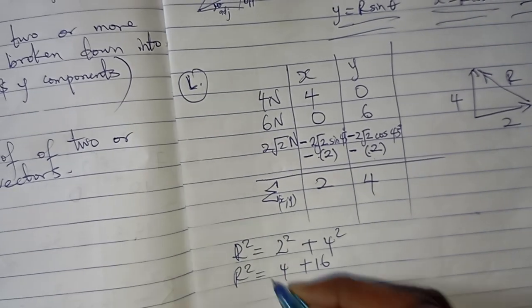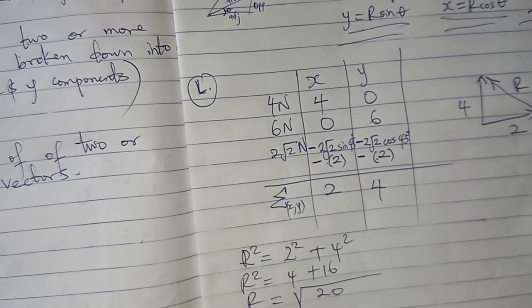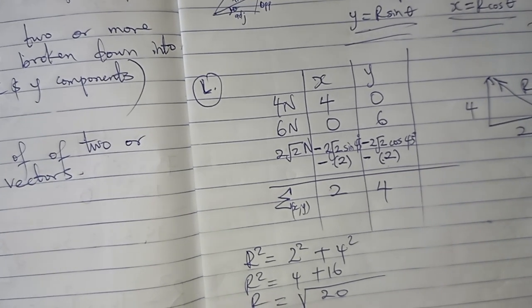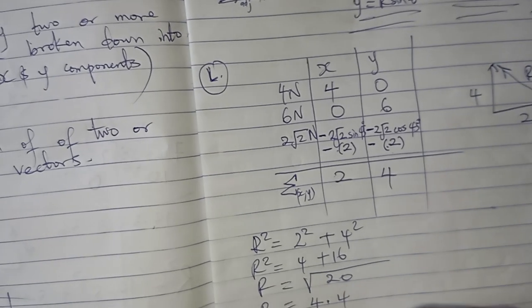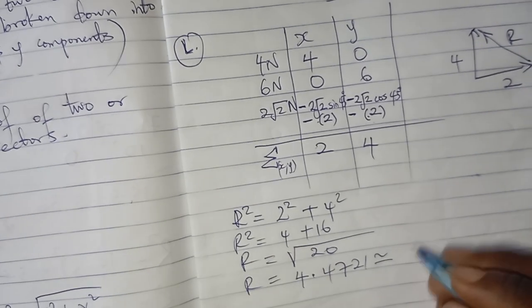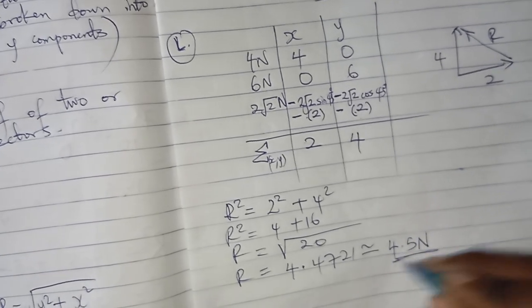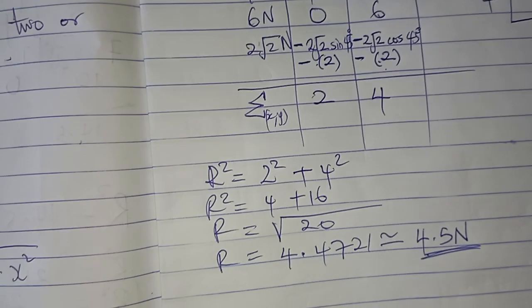R square is equal to 20, so r is equal to root 20. So let's punch. Root 20, r is equal to 4.4721, approximately 4.5. And remember, we chose to use Newton. You can use even meter, any units, so far as it's not given. But assuming it's given, we maintain the one given to us.